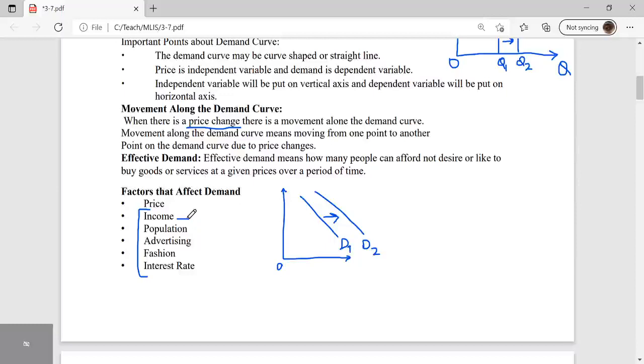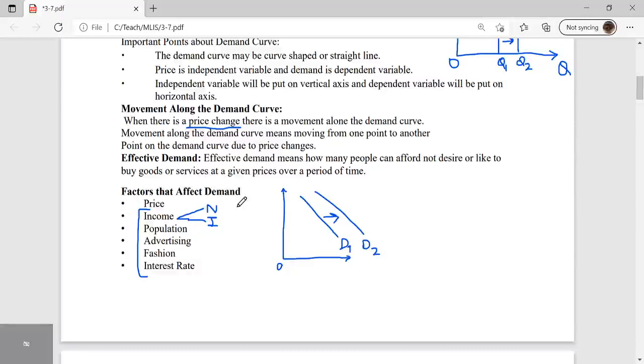There are two cases actually: normal goods or inferior goods. Normally, if income rises, demand will also rise. But think about a situation where the opposite may happen. Usually it happens for low quality goods, known as inferior goods, where demand falls as income rises, and vice versa.